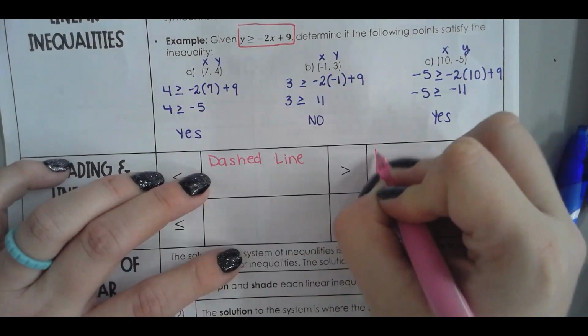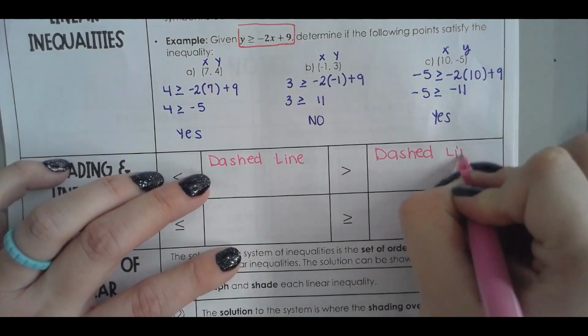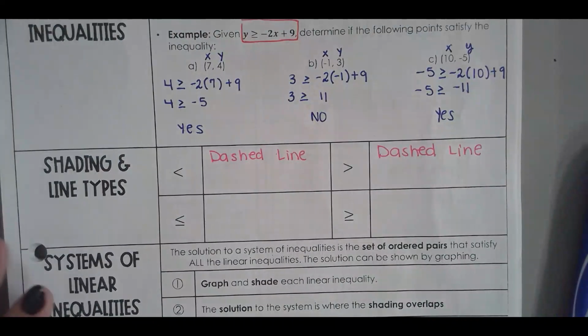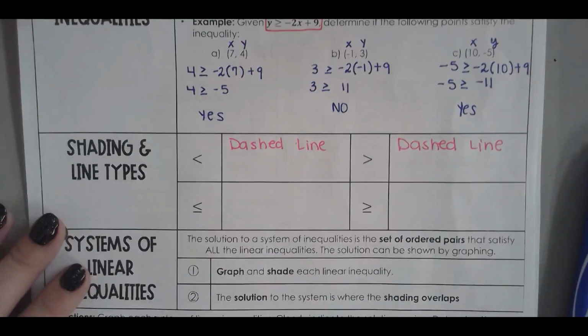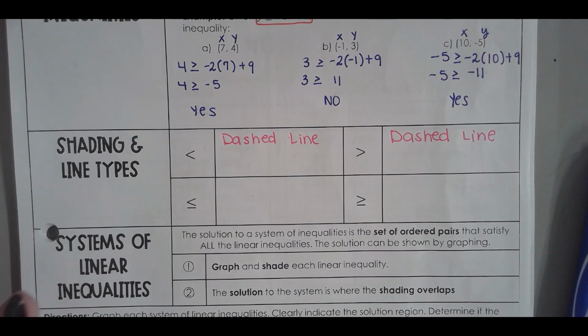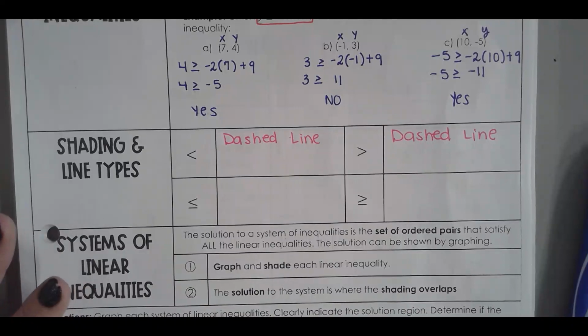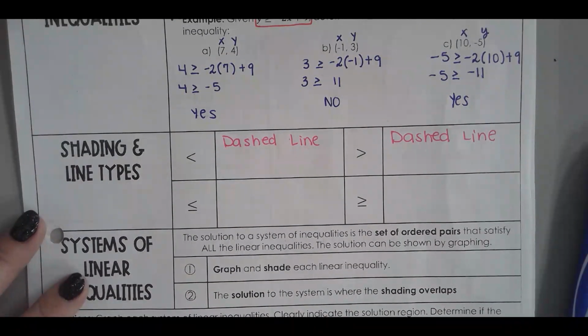So both of these are going to have a dashed line. Normally when you're used to graphing lines, you just do one big solid line. You have to be careful because you won't always have that. Sometimes it'll be dashed.